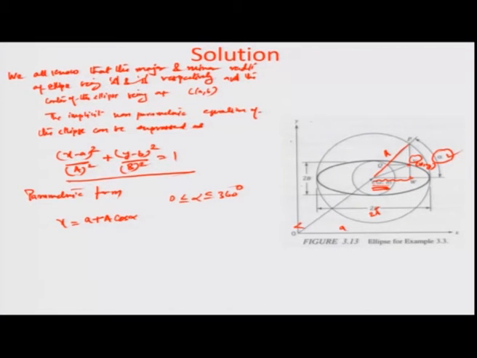In a similar manner, the y coordinate can be represented through how much translation has happened while going to the point C from the origin in the y direction, that translation being small b, and this component, which is again a component of the inscribed circle, which has the radius equal to the minor radius of the ellipse. So, you can write y geometrically as small b plus capital B sin of alpha.